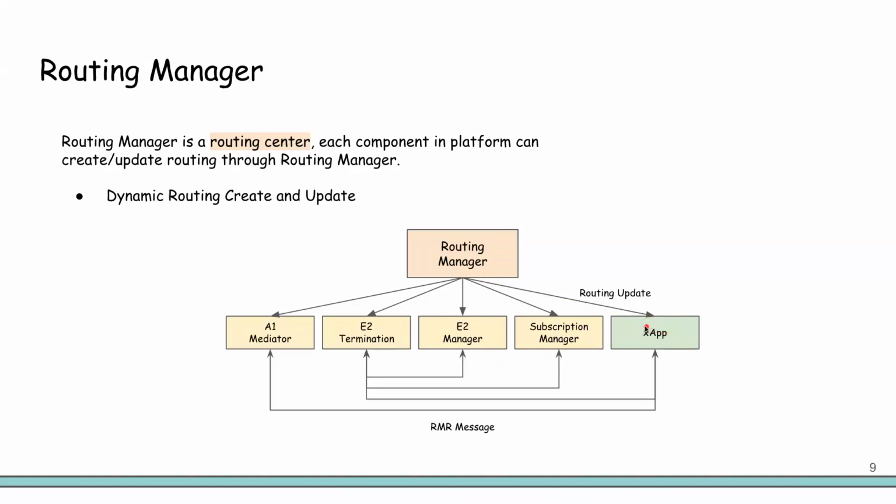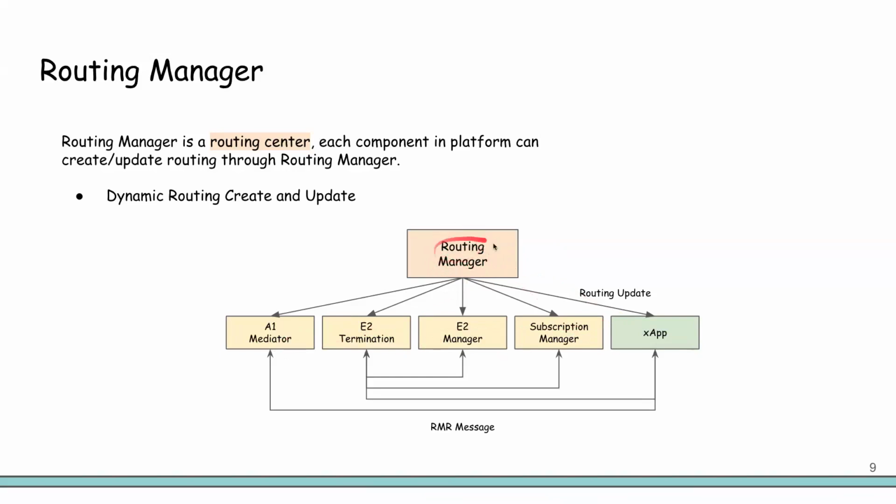We need some mechanism to communicate with the routing manager. This is defined by the RIC Message Router library, because these components use the RIC Message Router to communicate with each other, so they need this.